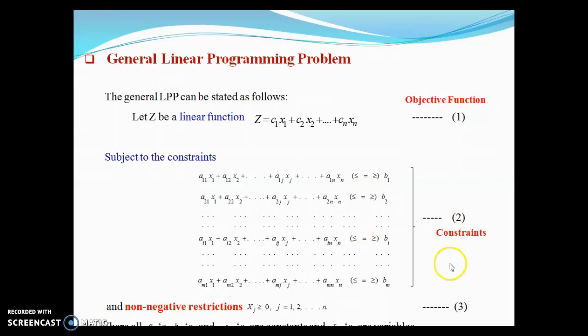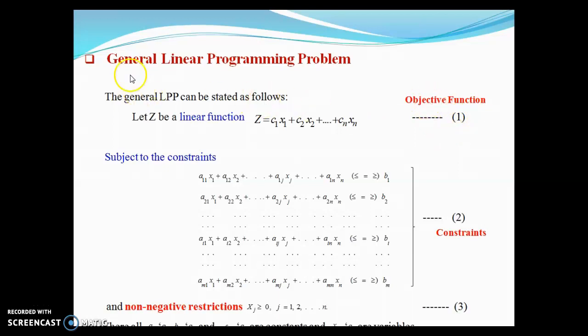In the condition 2, that is equation 2, the constraints are termed the restrictions of the linear programming problem, and equation 1, that is the function z equals c1 x1 and so on up to cn xn, is called the objective function.